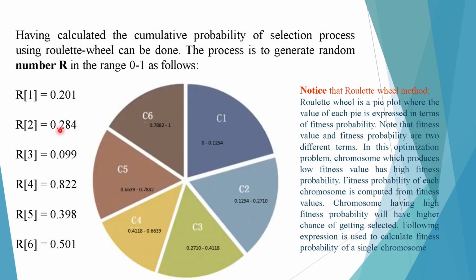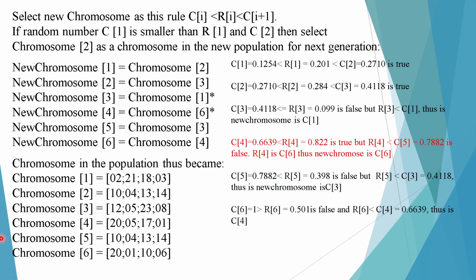Then we generate a random number for each of the 6 chromosomes. This is a random number. Okay, and this is still the selection process. So we'll select the new chromosome using this rule: if Ci is less than Ri, where R is a random number, and Ri is less than Ci+1, then we'll select the new chromosome as chromosome i+1.